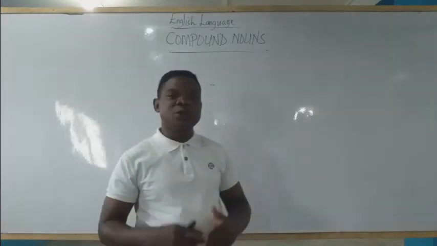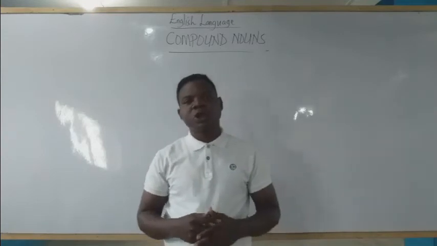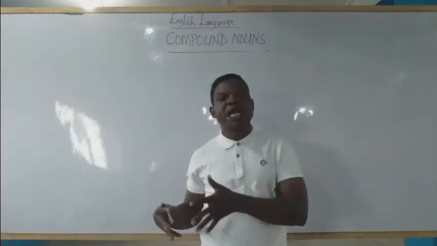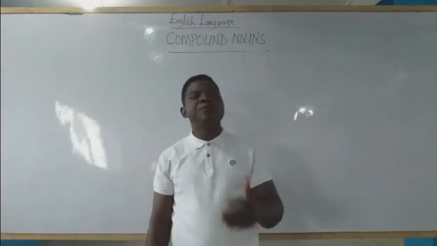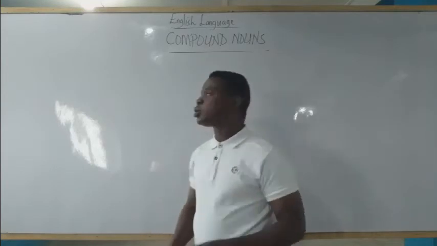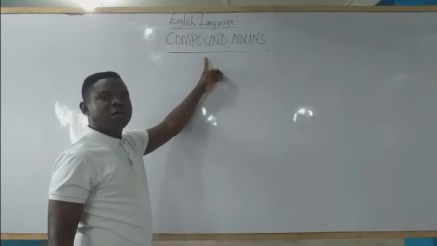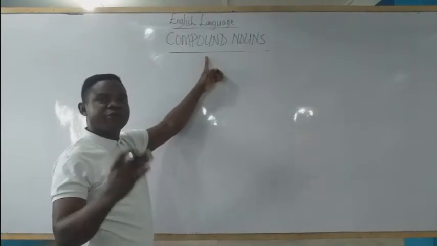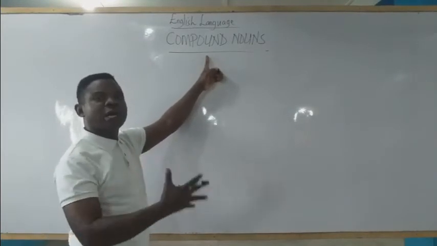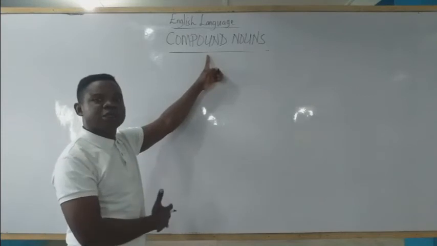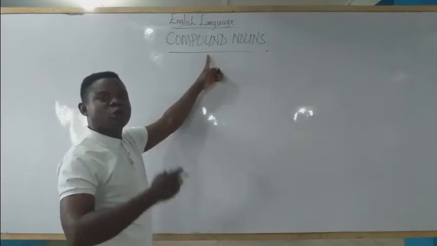Now, what are those steps or rules as regards the formation of compound nouns in English? This topic will dwell basically on the formation of plural compound nouns from the existing singular forms.